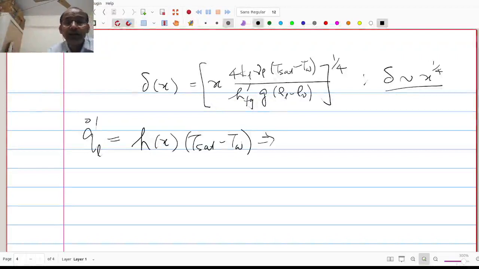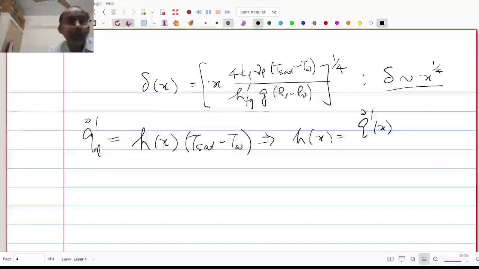So we can write h of any x is equal to Q dot prime at any x divided by Tsat minus Twall.